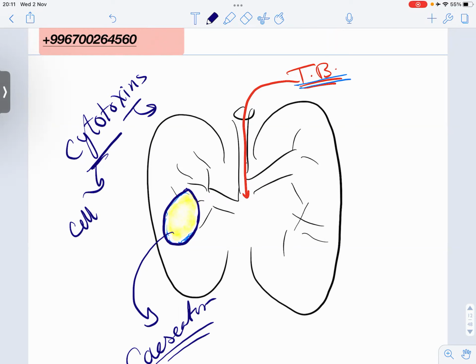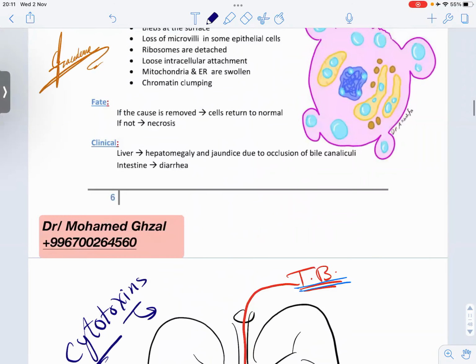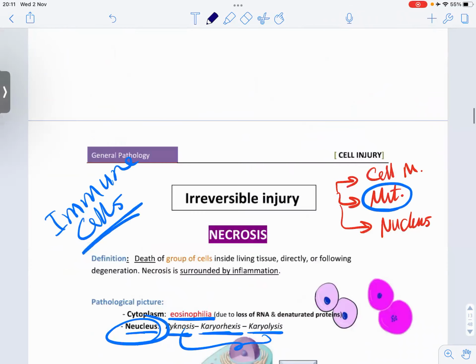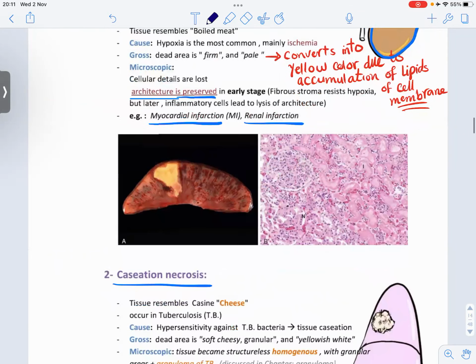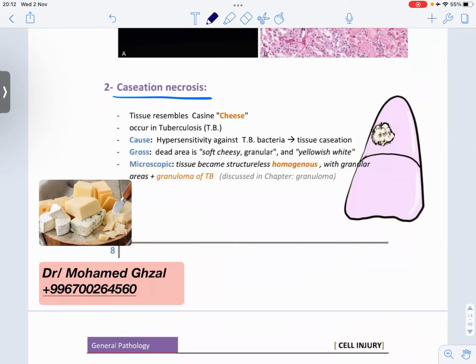I will produce cytotoxin to kill all of this part. So after that, this part of inflammation will die off, and it will be white, yellowish in color. It's called caseation necrosis. It always occurs due to tuberculosis. Yellowish color is due to cytotoxins of T lymphocytes.